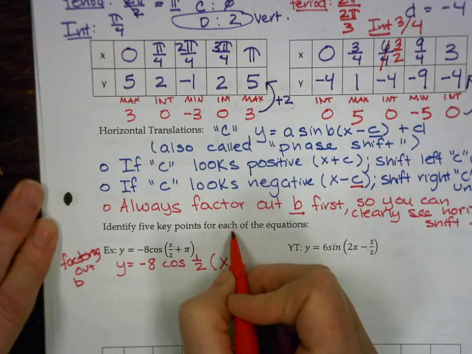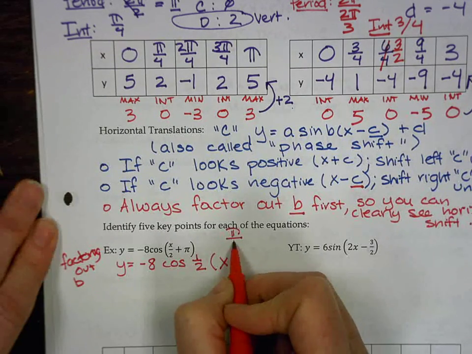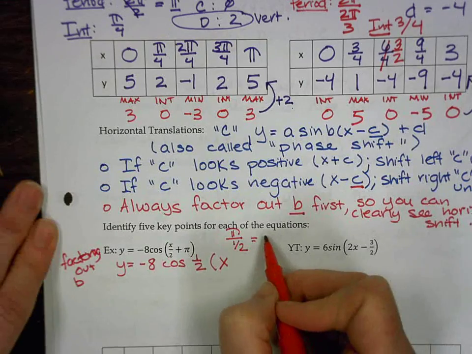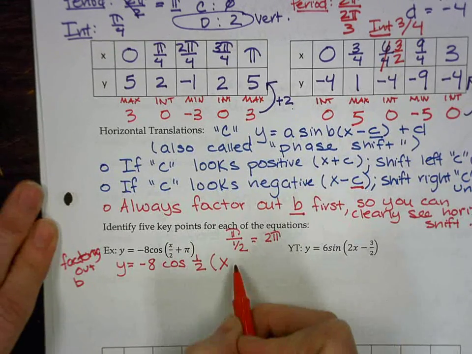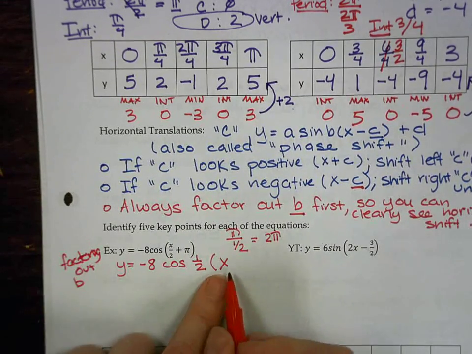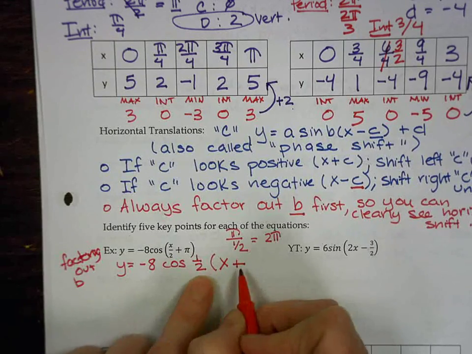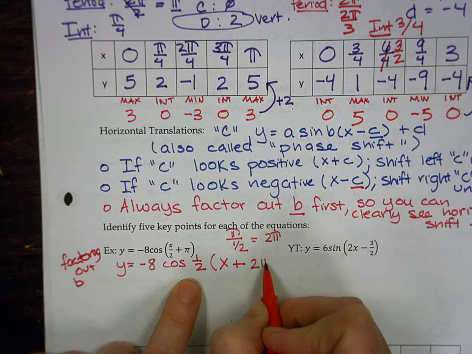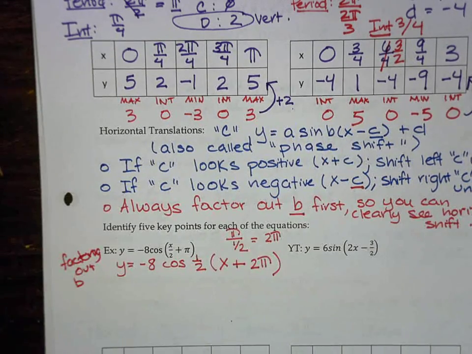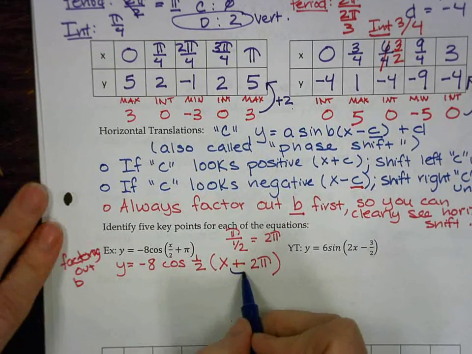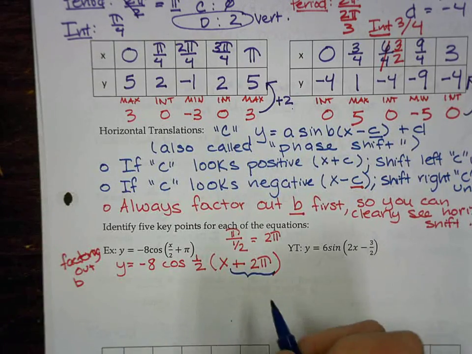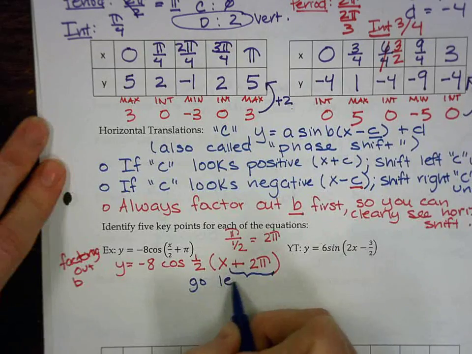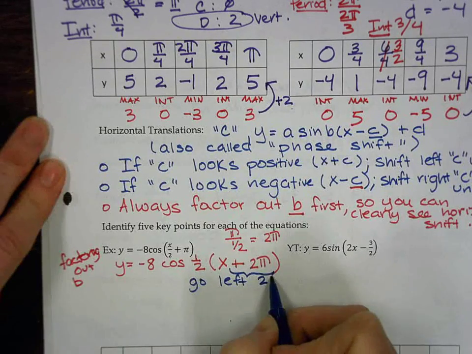And what is pi divided by 1/2? Well, that equals 2 pi, right? So here I have x plus, I took out a 1/2, so I have plus 2 pi. So my shift is, I'm going to go left because it's positive 2 pi.